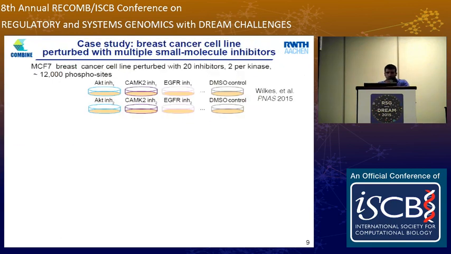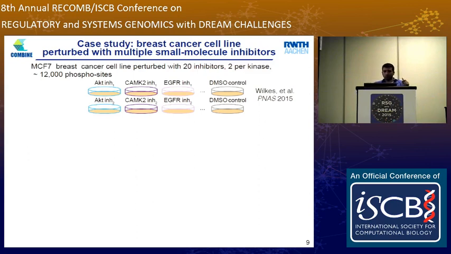As a case study to illustrate this approach, we worked on data from our collaborator Pedro Cutillas at Queen Mary Hospital in London, and his student Ed Wilkes. What he did is to take MCF7 breast cancer cell lines and perturb them with 20 different inhibitors.